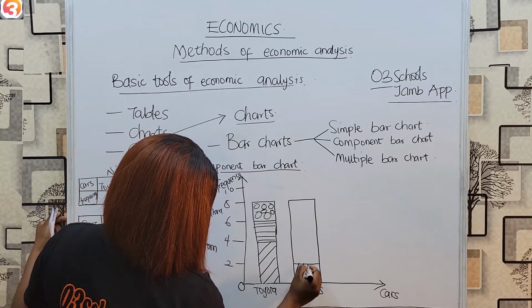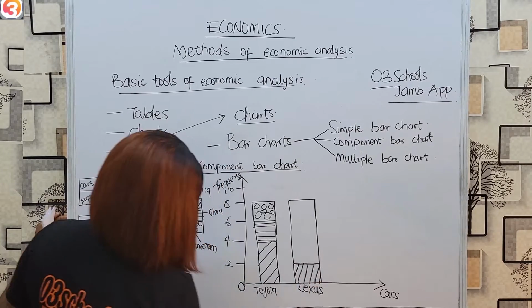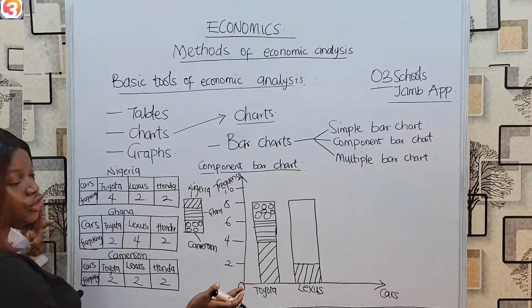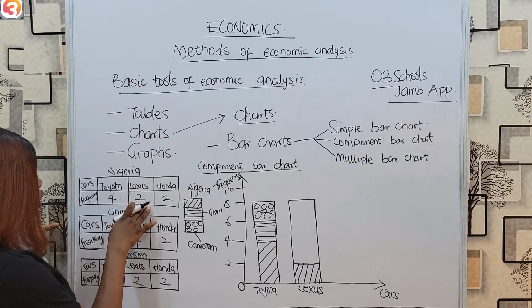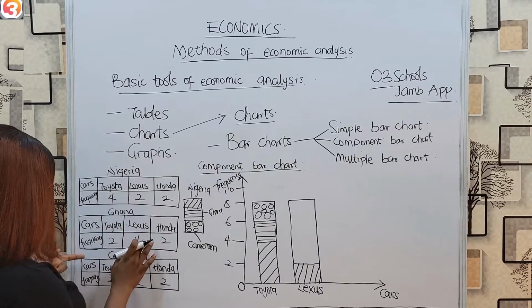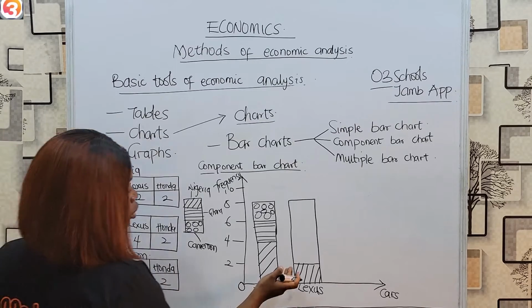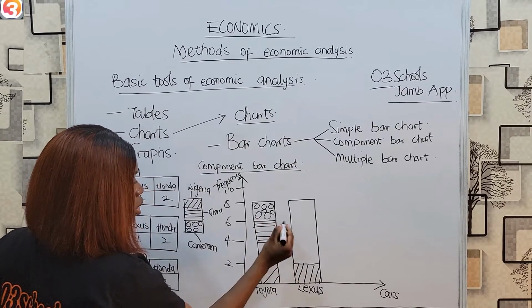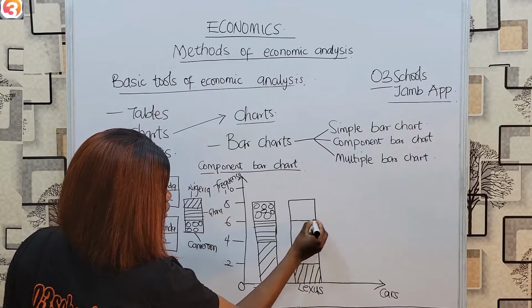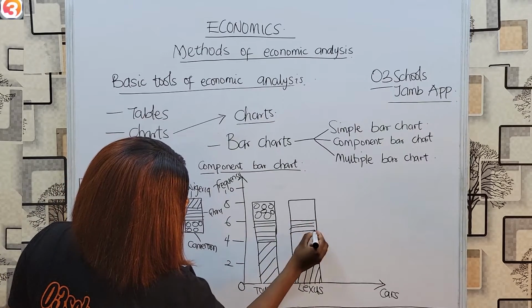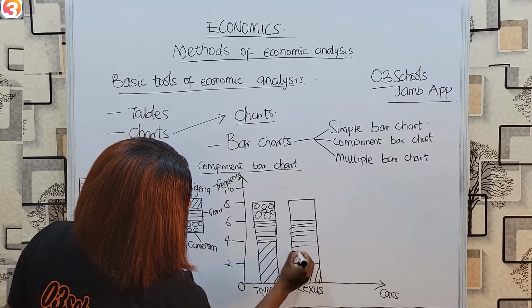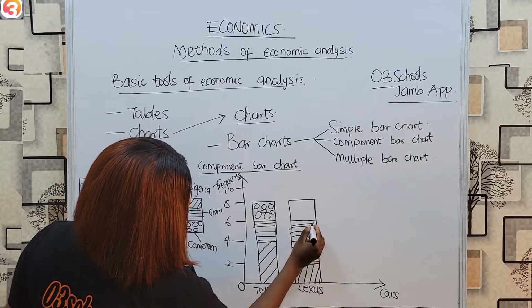And then we shade it to show to our examiner that the frequency of Lexus in Nigeria is 2. Now the frequency of Lexus in Ghana is 4. So from 2 plus 4 we have 6. So we're going to be tracing it as 6. So we know that in Ghana the frequency is 4.